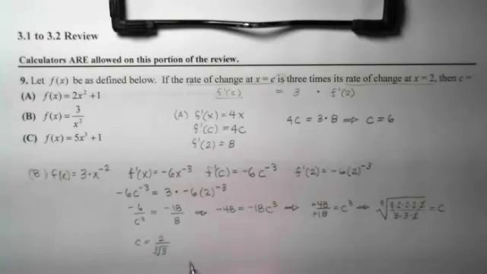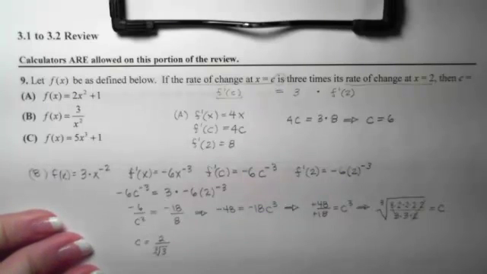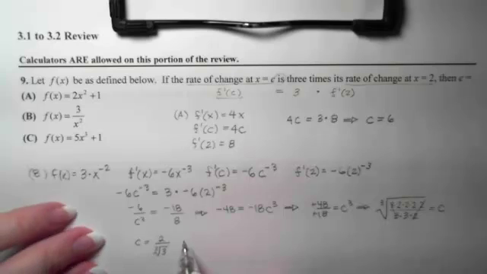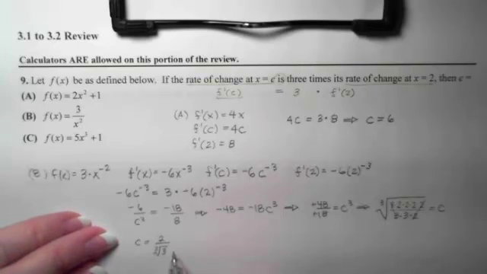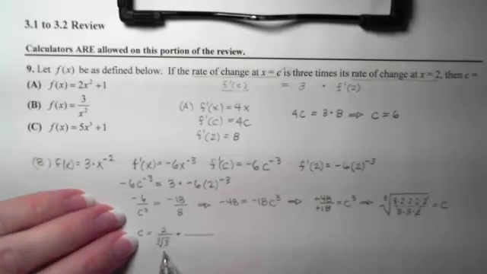And if this were a free response, we could stop there and be perfectly fine. However, on the answer key, I think I took it a little further. What I did on the answer key is I rationalized this denominator. So we've got to think about what I need to multiply by that equals 1 that will help me get rid of this cube root of 3. I don't want to have a radical in the bottom.